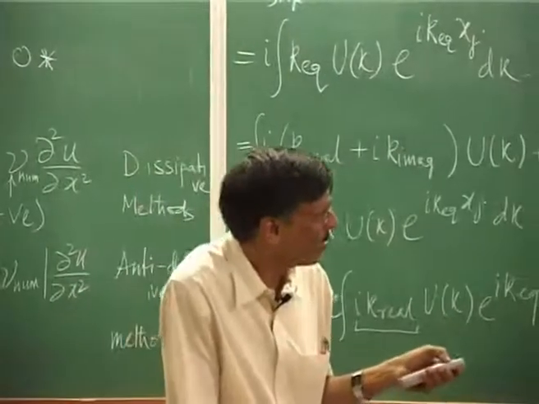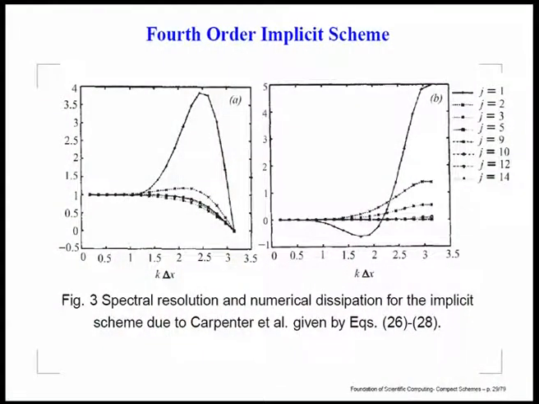So, the first point is very badly behaved, as we can see here. This goes off to a value of k equivalent by k, which is 5 times. This is an exceedingly high value, but the same thing happens with other nodes also, j equal to 2, 3 and so on and so forth.